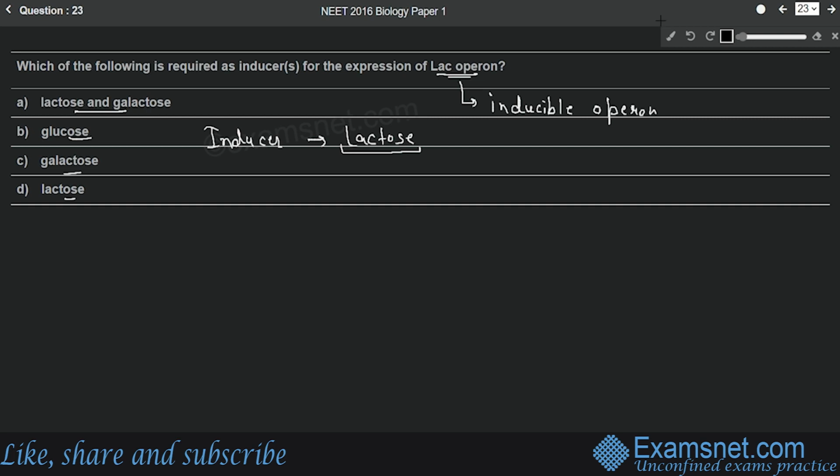Now what is lactose? It is a substrate for the enzyme beta galactosidase.